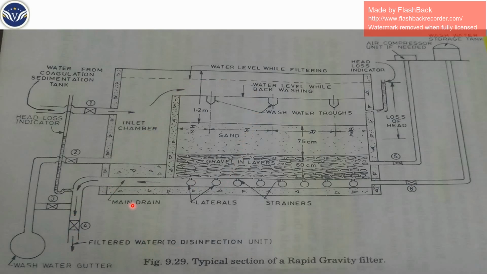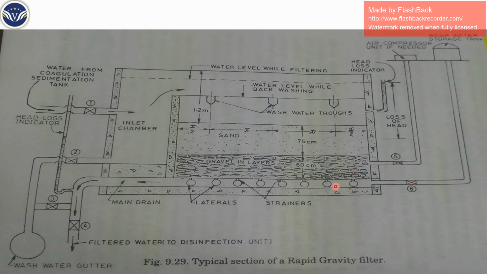When backwashing is taking place, you need to cut off the raw water supply and the treated water supply. So valve number 1 and valve number 4 are closed. You open valve number 5 and valve number 6. The wash water as well as the compressed air is passed through the gravel bed and through the drains.